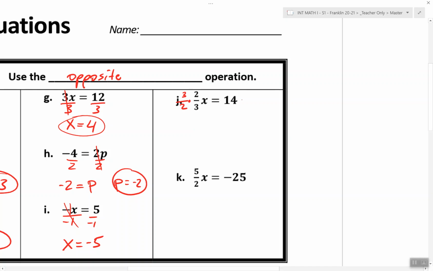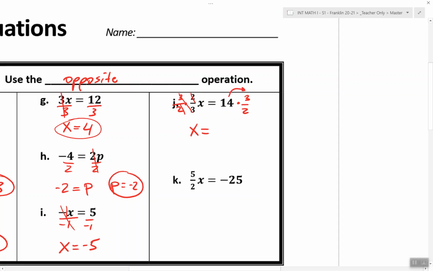So we're going to multiply both sides by 3 over 2. The 3's will cancel, the 2's will cancel, leaving just x on that side. Now for 14 times 3 over 2, you got to take 14 times 3 and then divide by 2. So 14 times 3 is 42, divided by 2 is 21.